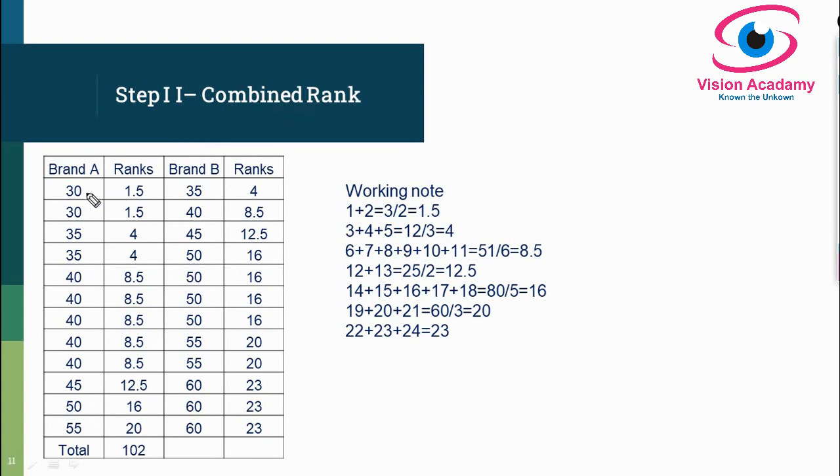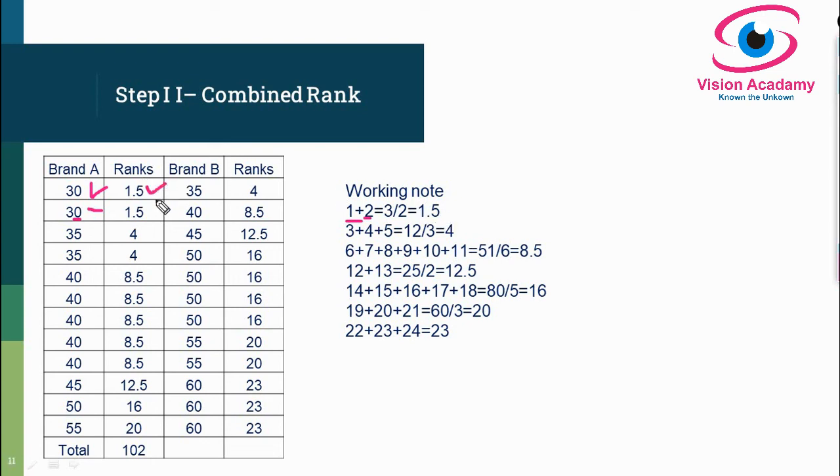Let us start with brand A, which has 30, 30, and brand B has no 30. In brand A the first 30 is first position, the second 30 is second position. So 1 plus 2 is 3, and since I have added 2 observations I will divide by 2. So 3 by 2 is 1.5.